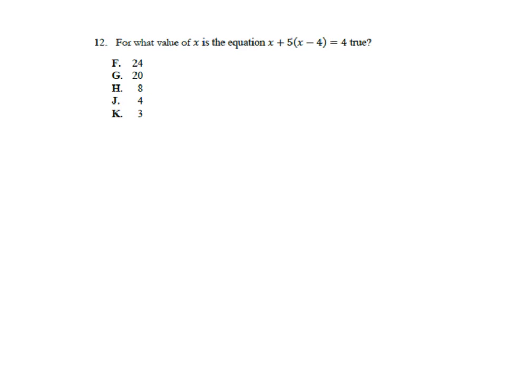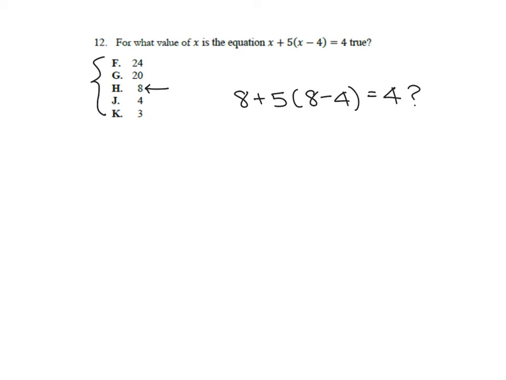This example says, for what value of x is the equation x plus 5 times x minus 4 equals 4 true? This is something to note on the ACT. If you look, these answers are in order from largest to smallest. And so the best thing to do is start right in the middle. So I'm going to start by plugging in 8 and seeing what happens.